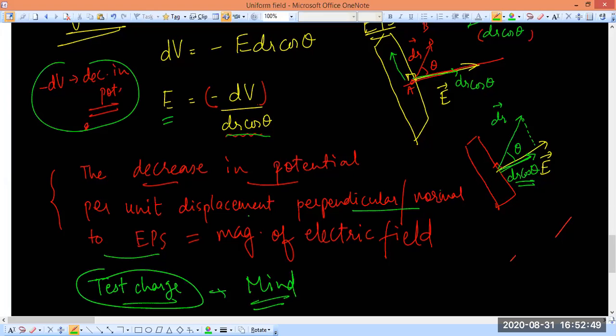Let's say we measure the potential here at A, and then we measure it at B, right? And then we find the small decrease in potential, and then we divide by dr cos theta, or how much we have displaced this, and then take the perpendicular component, right? So based on that, we will get the value of electric field. But right now we are just doing it in our mind, that we will move a test charge and this will happen and that will happen.